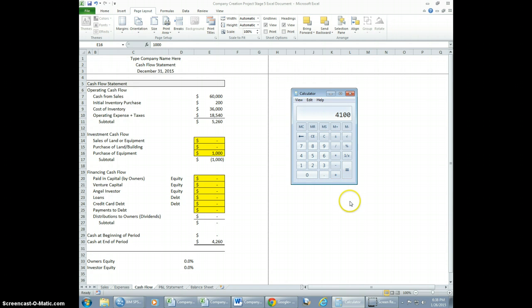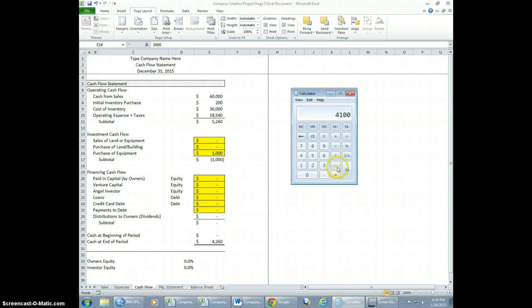Now we're at $4,100. And the last thing that I've asked for you to include, in terms of determining what your startup capital is that you need, is the initial cost of any land, buildings, or equipment. So again, for this particular example, I've made the decision that I need to spend $1,000 in the purchase of equipment.